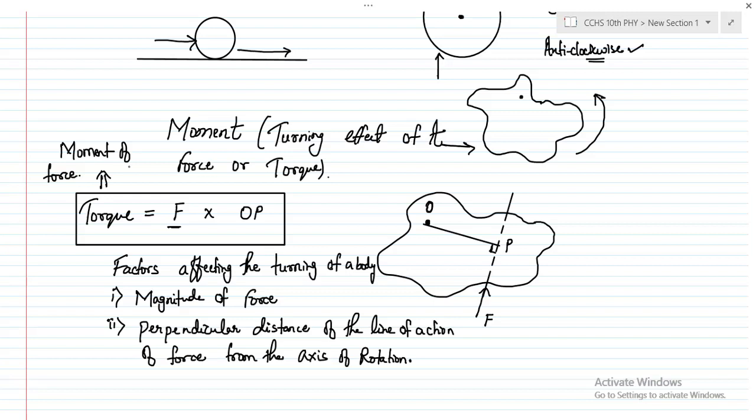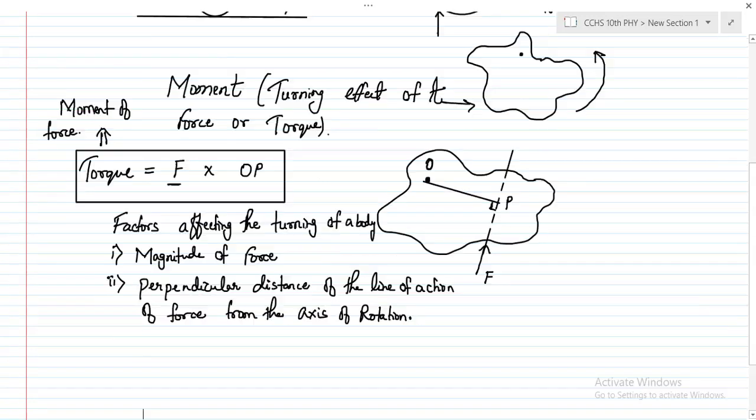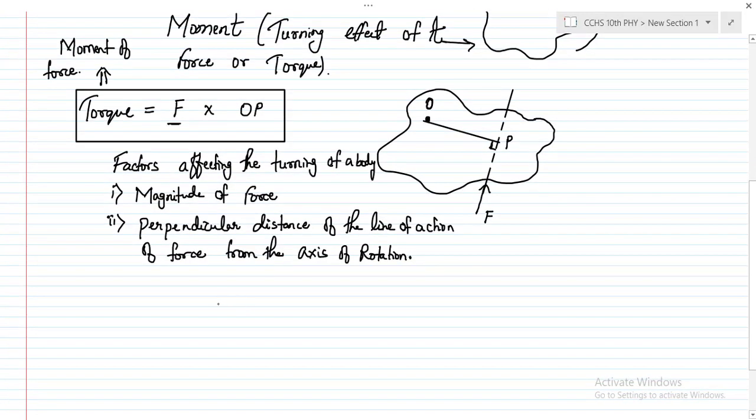So there comes a question: how can you maximize the turning effect of a given force? When it says given force, that means we have a fixed amount of force. Turning not only depends on the magnitude of force, but it also depends on the perpendicular distance.